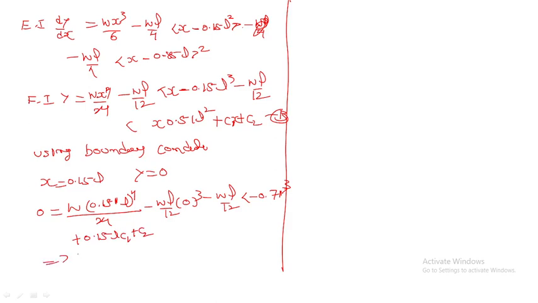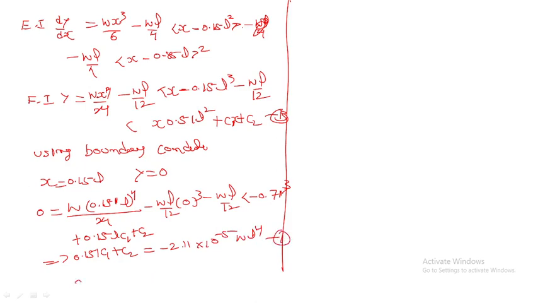So 0.15L C1 plus C2 equals minus 2.11 × 10⁻⁵ WL⁴. Call this equation 1.